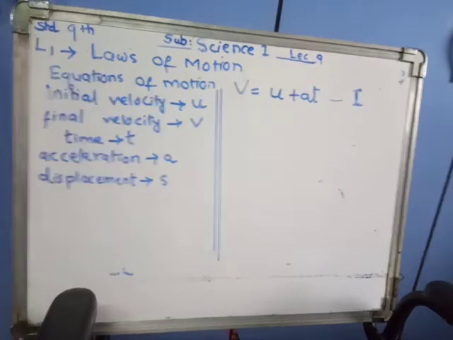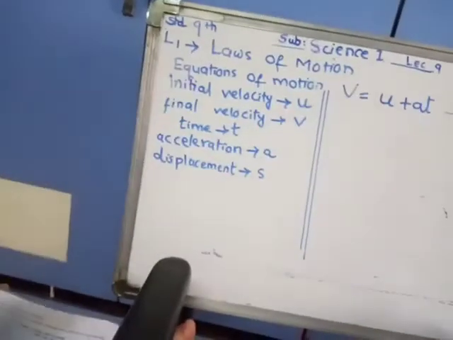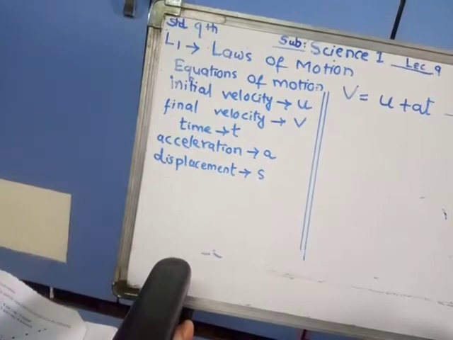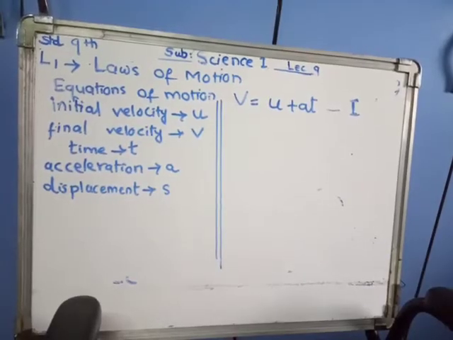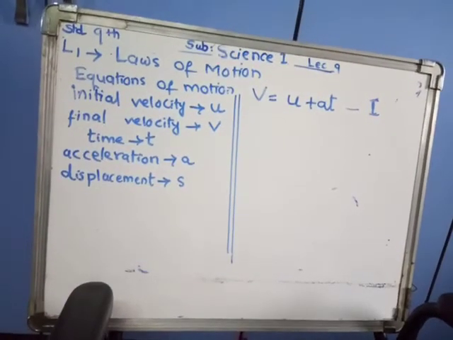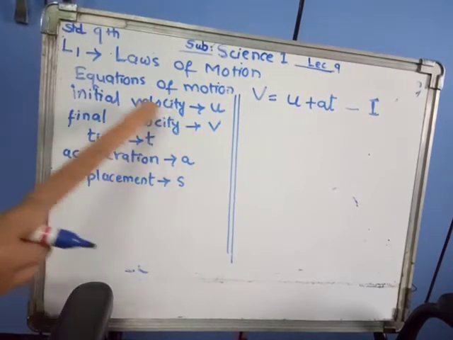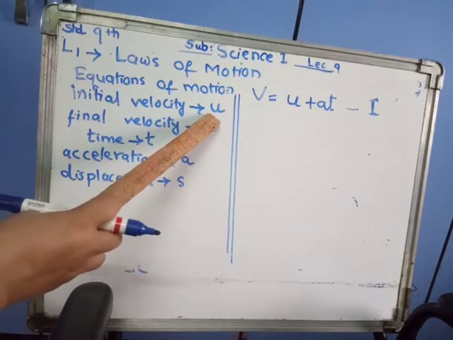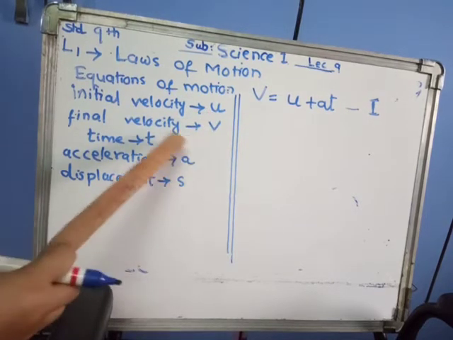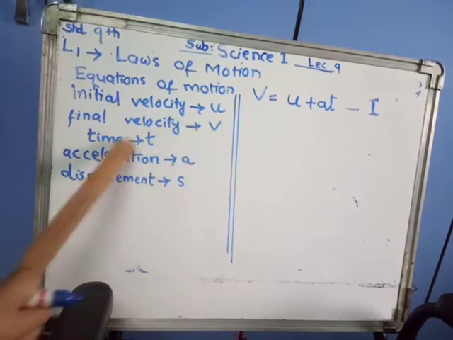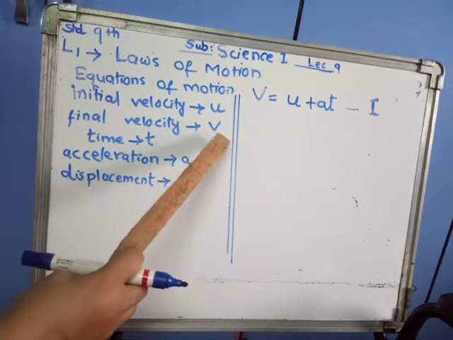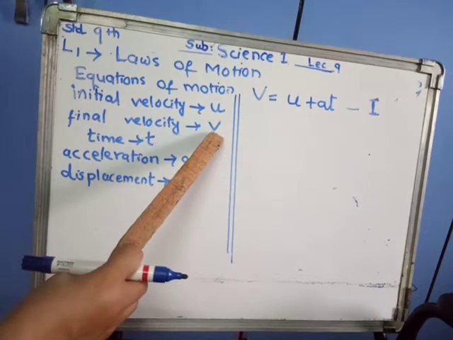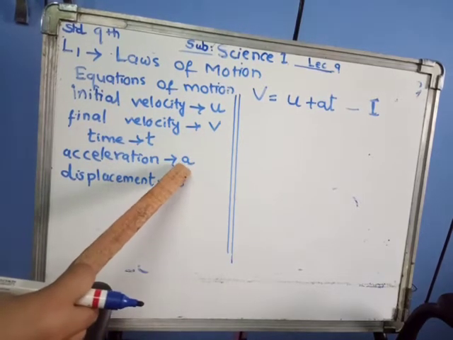Let an object be in motion along a straight line with initial velocity small u. It attains a final velocity, denoted by a small letter v, after time t, due to acceleration a.